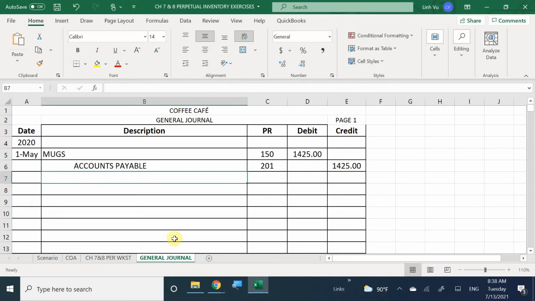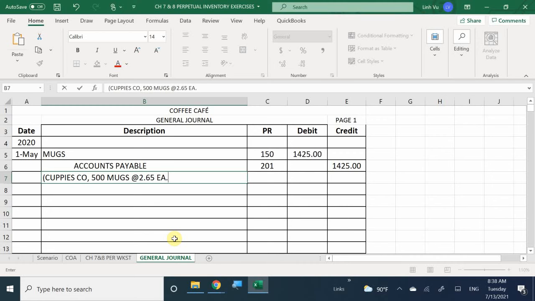Okay. So how I want you to journalize the note here is that you always refer to the vendor. In this case, we purchased this from Cuppies Co. Then you're going to reveal how much you purchased of each item. So in this case, you purchased 500 mugs at $2.65 each.